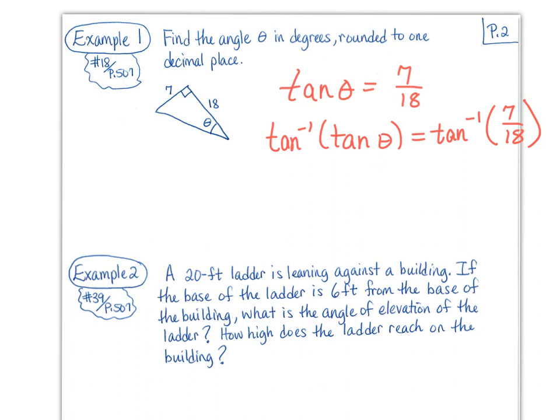Very good. So the left-hand side means theta, and we have theta is equal to tangent inverse of 7 over 18. Now you enter that into your calculators, and what is that approximately, to the nearest tenth, because it said round to 1 decimal place? We get 21.3 degrees.